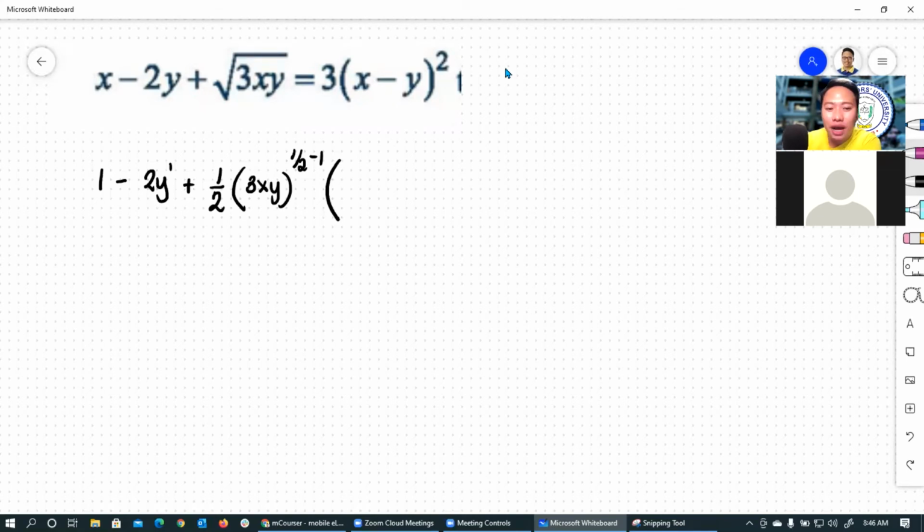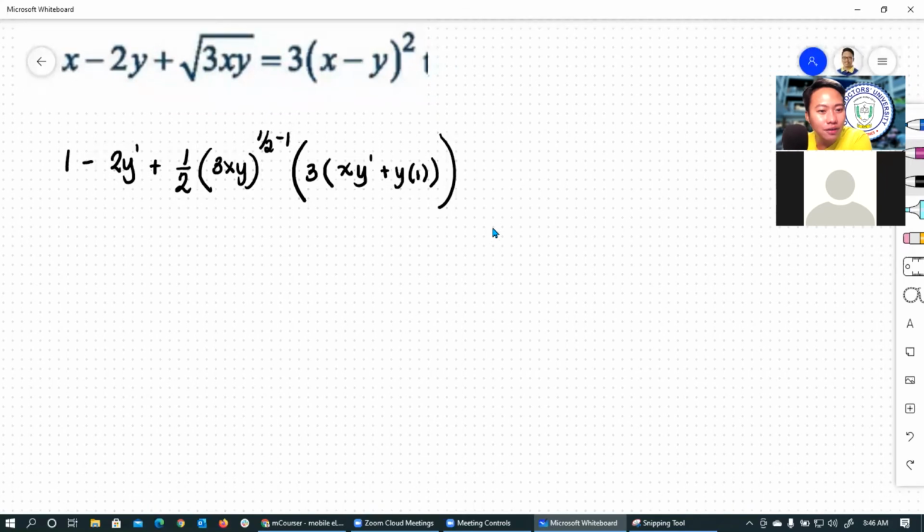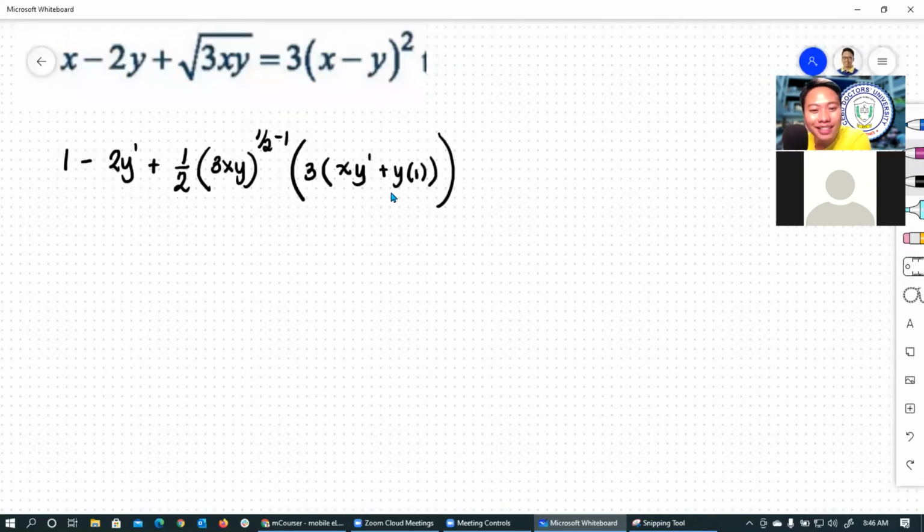So you copy 3. The derivative of xy is, copy x times derivative of y is y prime, plus y derivative of x is 1, close, and then close. Gets? Na follow?